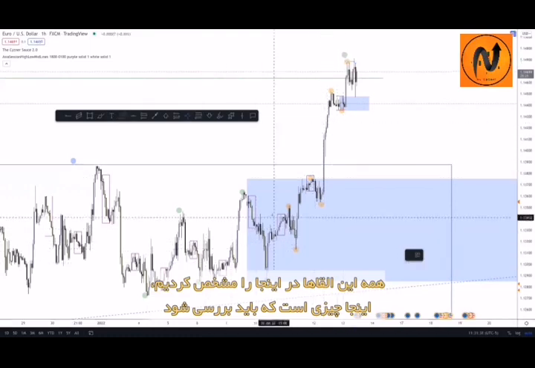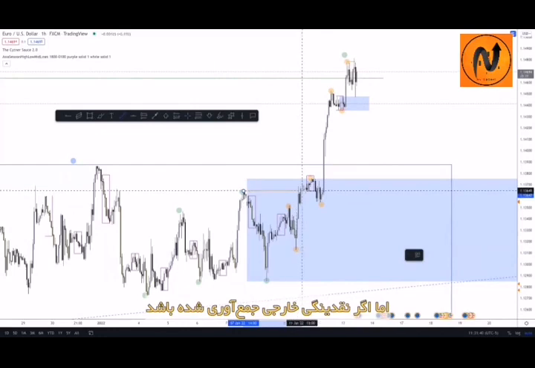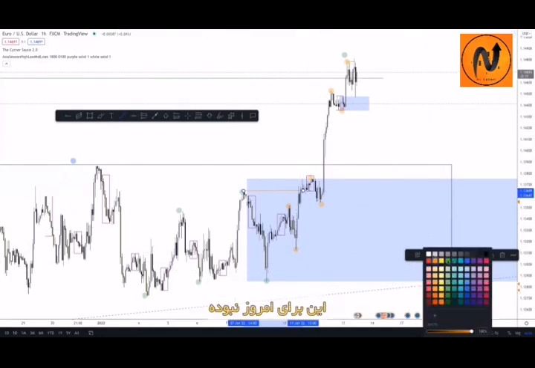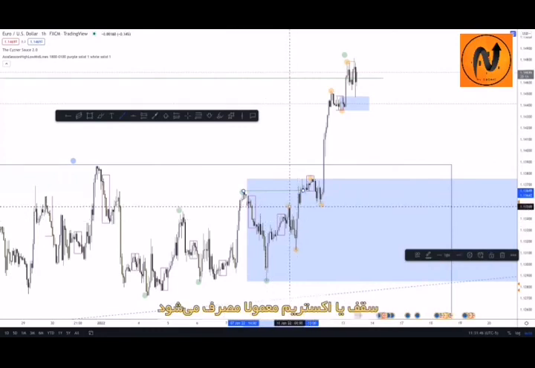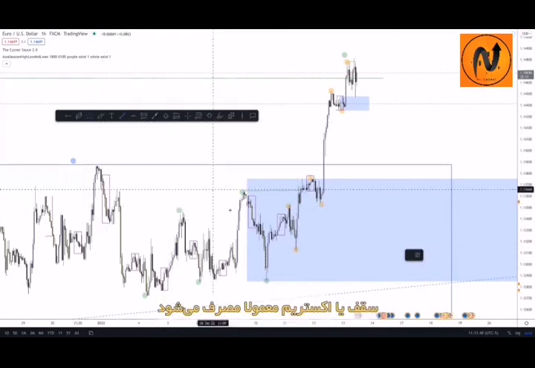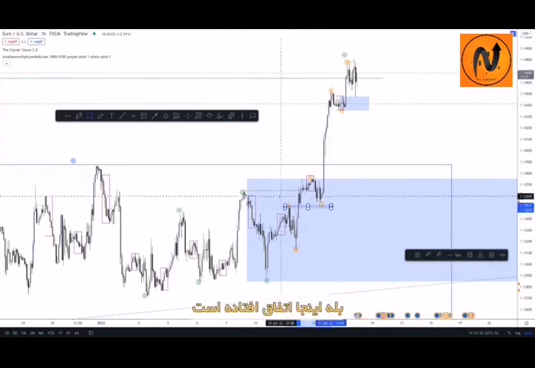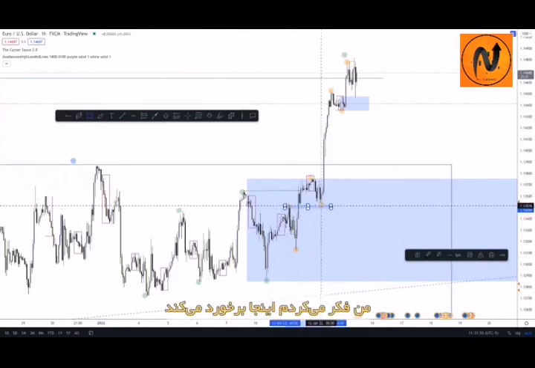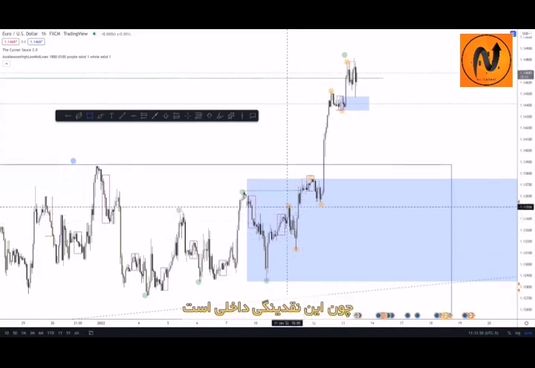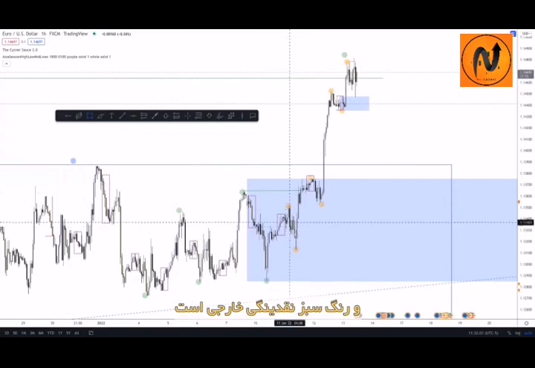This is actually something good to go over, but if our external liquidity gets swept, this wasn't from today, the top extreme usually gets mitigated. Doesn't look like it. Oh, it did right here. I thought it would come over here, but it looks like it just mitigated right away here, because this is the internal liquidity and the green is the external, right?